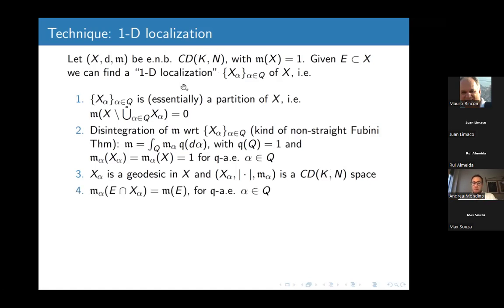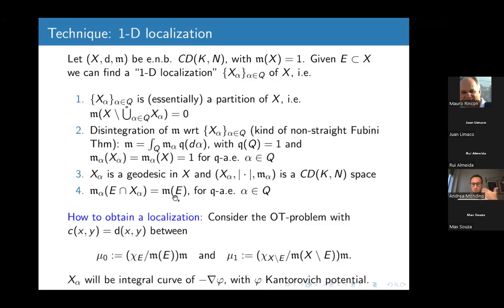And the fourth property is how these measures m_alpha interact with the set E. Each of the elements of the partition X_alpha intersects the set E in a subset with the same volume. So all the intersections have the same volume, and it is the volume of E.